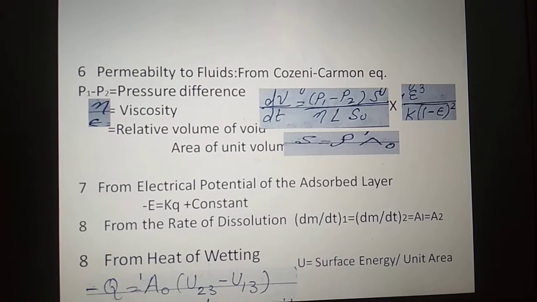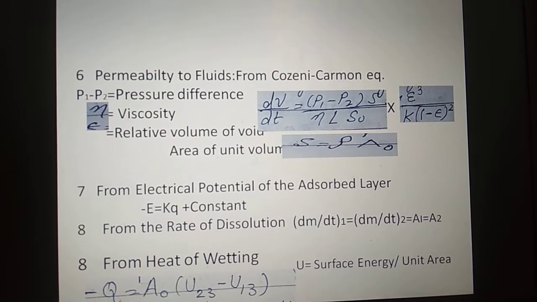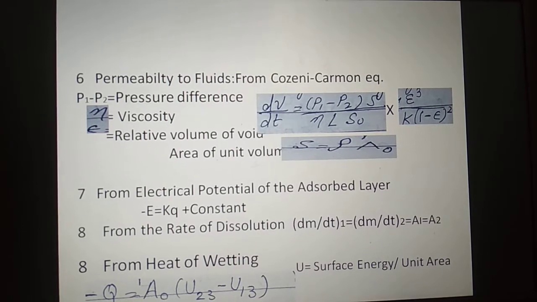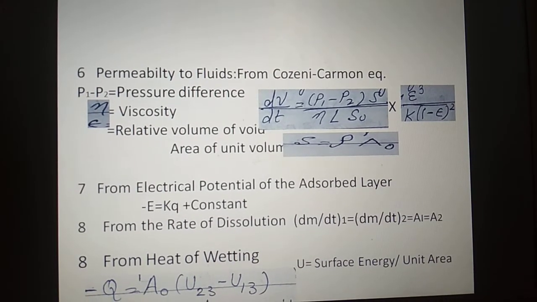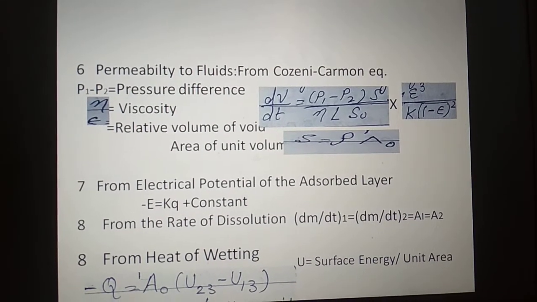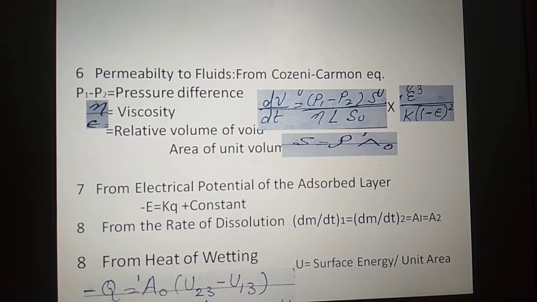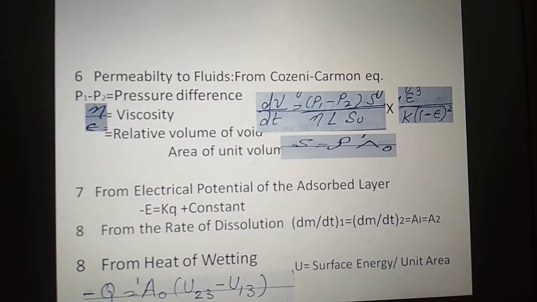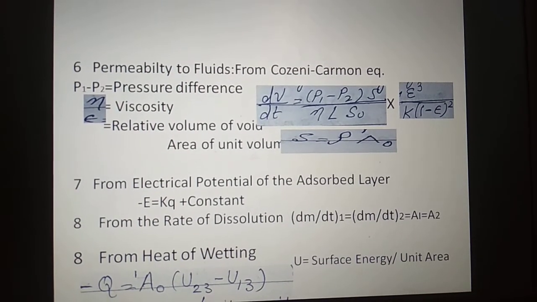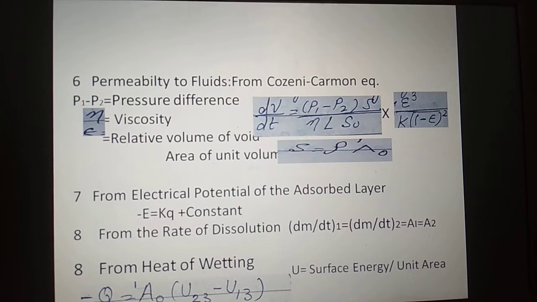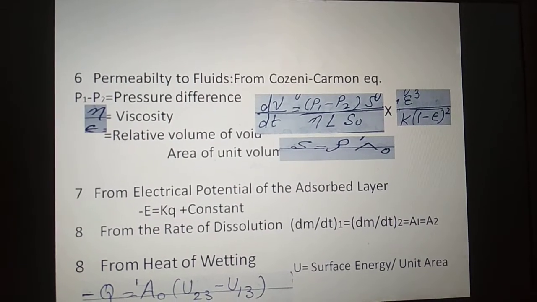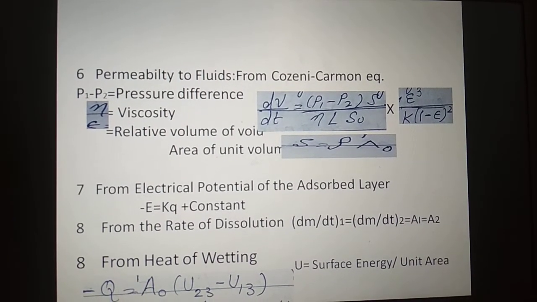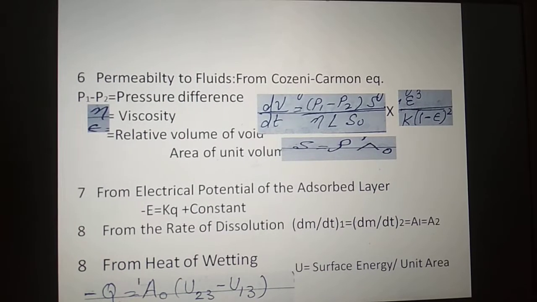Seventh method is from electrical potential of adsorbed layer. If a metal electrode of platinum or silver is placed in a solution of sulfuric acid, non-reactive, a potential developed can be measured by vacuum tube voltmeter or sensitive galvanometer.